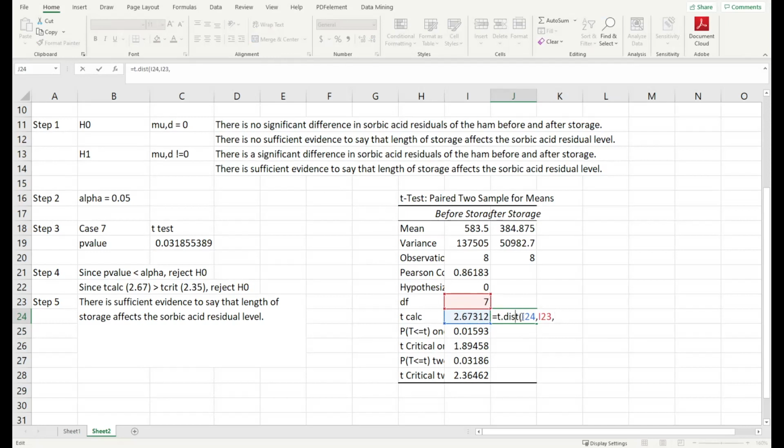Mas maganda kung gawin natin .rt pala. May RT ba siya? May RT siya, no? .rt. Degrees of freedom is this one. Then, we still get the same critical value, p-value sa ano, no? Tapos if we know that this is a two-tailed test, pwedeng .2t, and we get 0.0318, which is the same as yung nakuha natin dito.